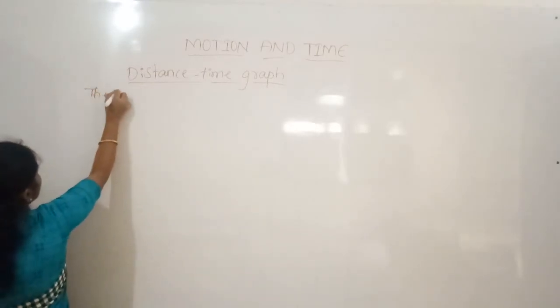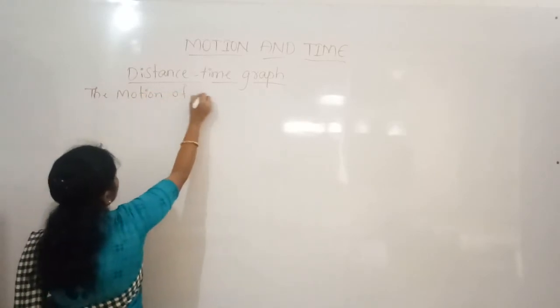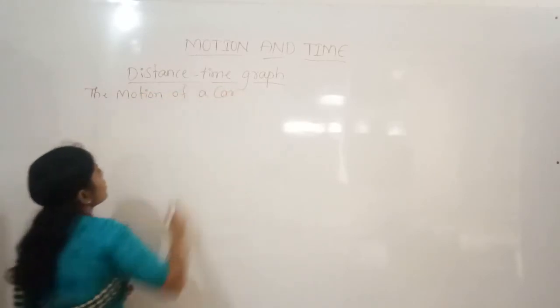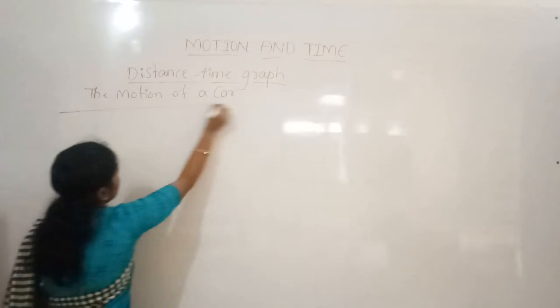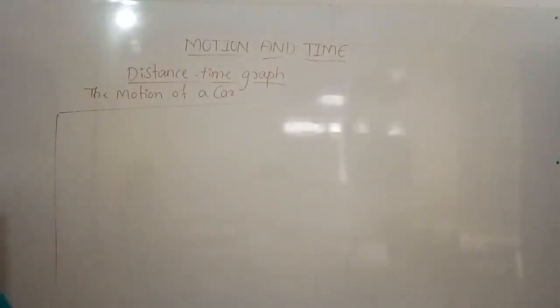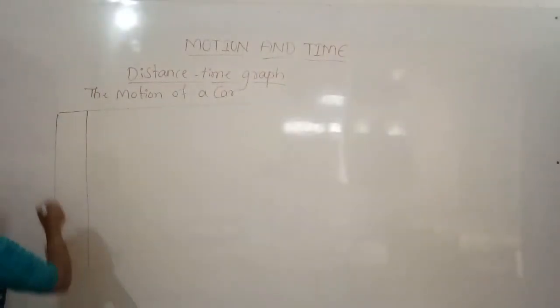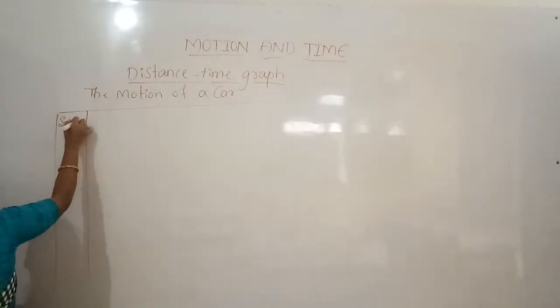So here a tabular column is given. The first one is the serial number.